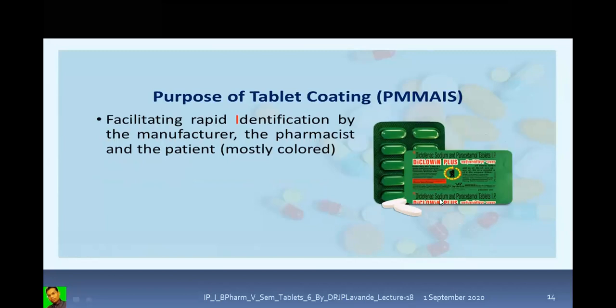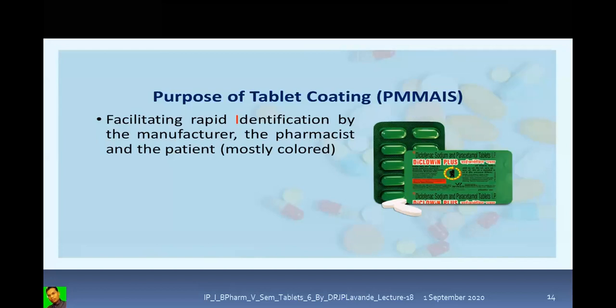Let's say, for example, Diclovin Plus is white in color. You will be knowing the Gelusil. What is the color of the Gelusil? Yes, it is an interactive session in order to identify which kind of tablet it is. What is the general color of the Gelusil tablet? It is pink in color. So just by looking at the tablet, if the size of the tablet is larger and if it is pink in color, we can draw a conclusion, we can identify that this is the Gelusil tablet.